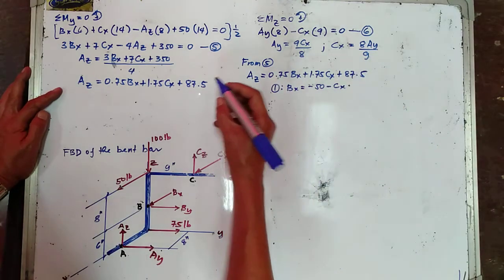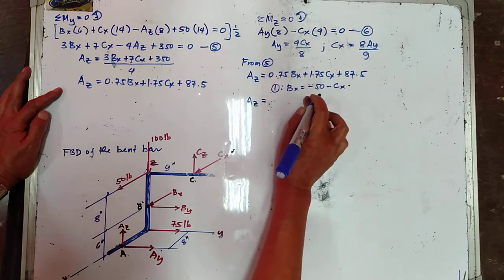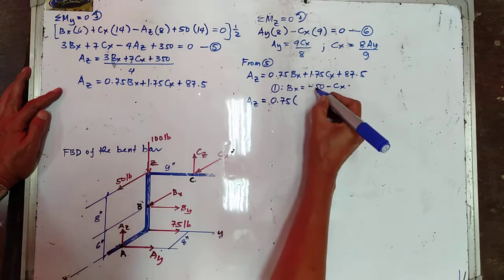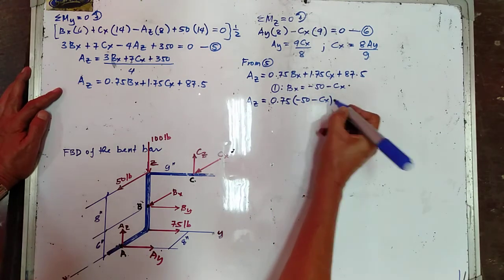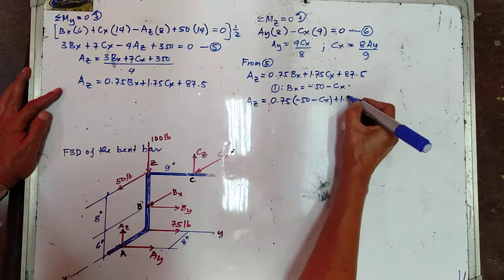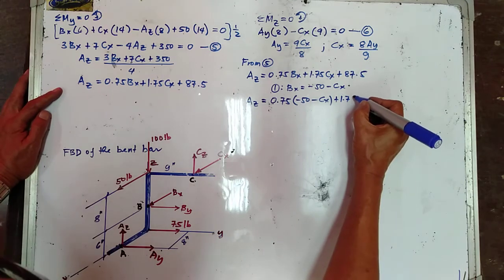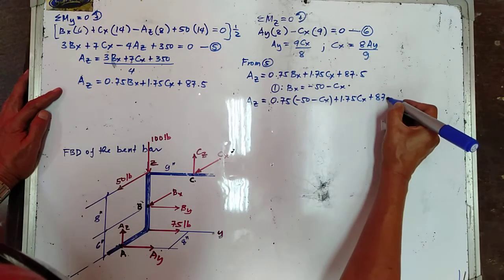So we now have your AZ in here. Let's try to substitute this value. 0.75 times (minus 50 minus CX) plus 1.75 CX plus 87.5.